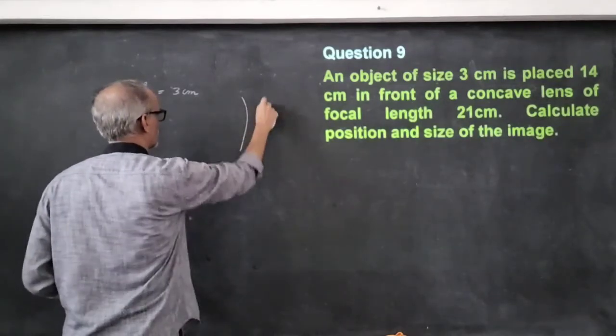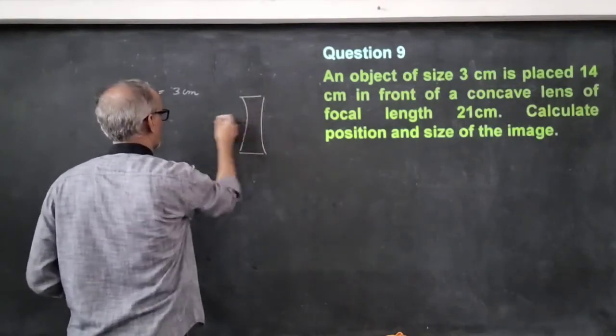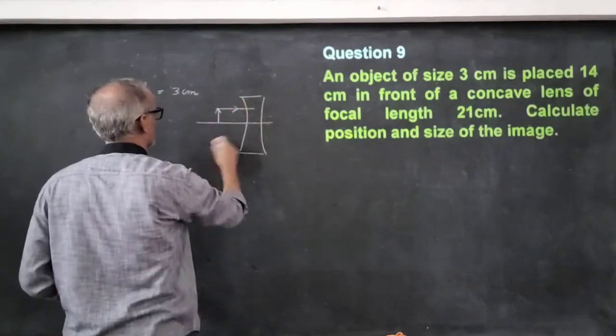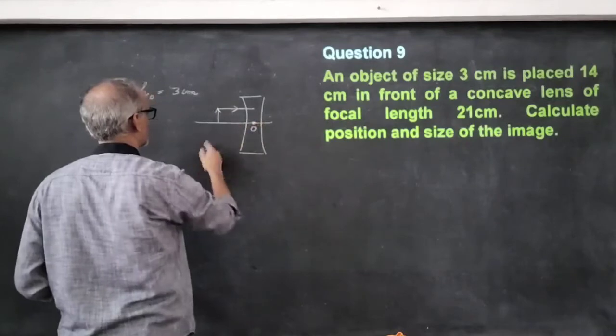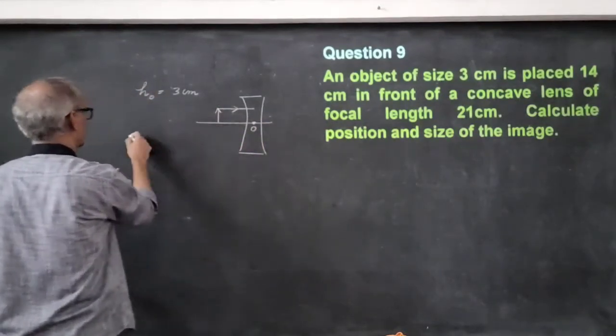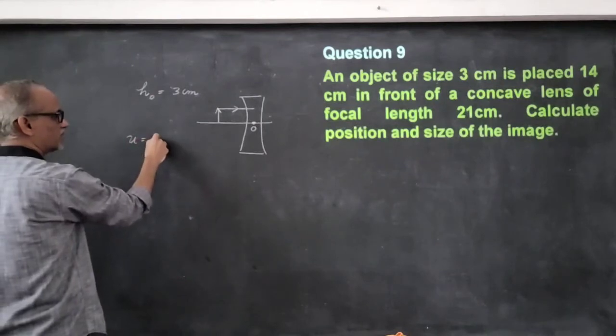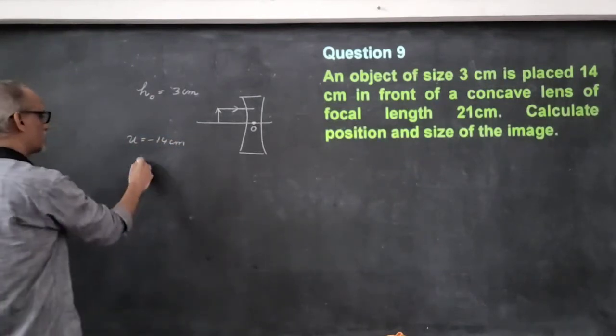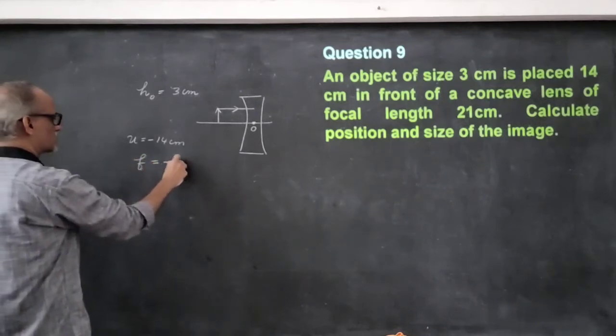There is a concave lens, and an object is placed in front of it. This is the optic center, and when we measure the object distance, it is opposite to the incident ray. So, the sign is negative. So, u is minus 14 centimeter. In front of a concave lens, the focal length is negative, minus 21 centimeter.